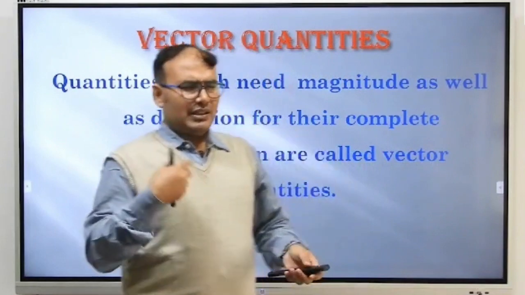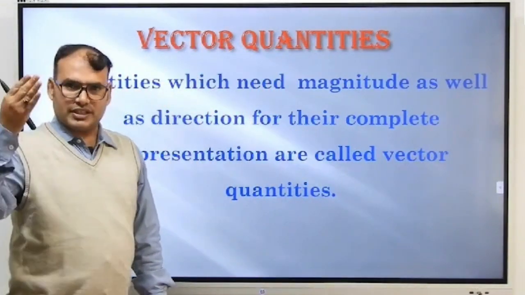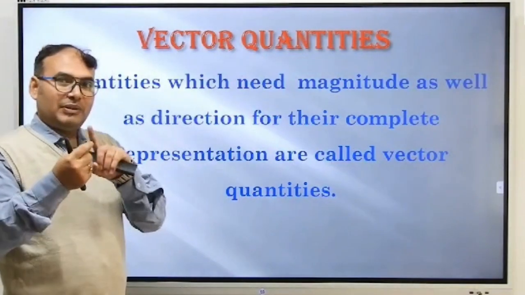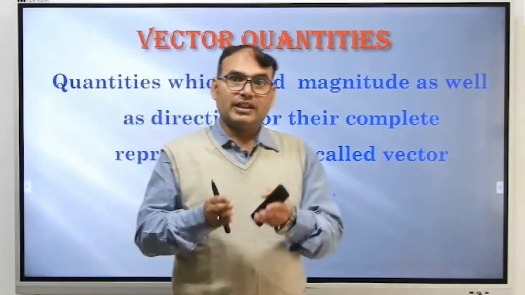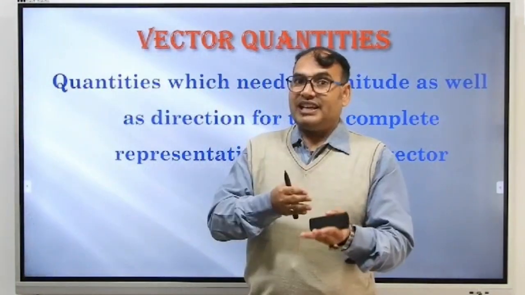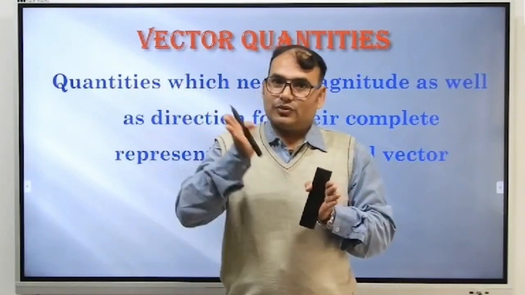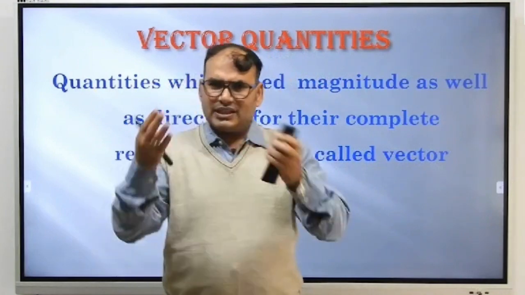For example, suppose force is there. If we want to write force, then writing 2 Newton is not correct actually. Why? Because 2 Newton should be specified by the direction, whether it is acting towards north, south, upward, downward, or in any particular direction.